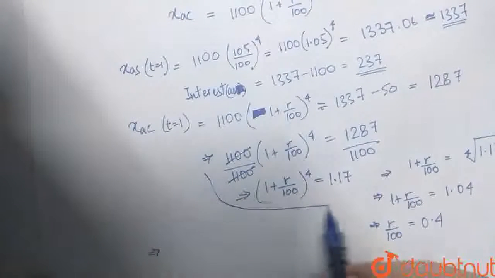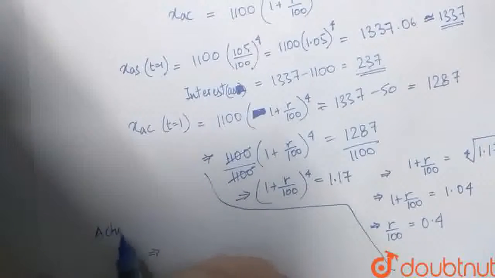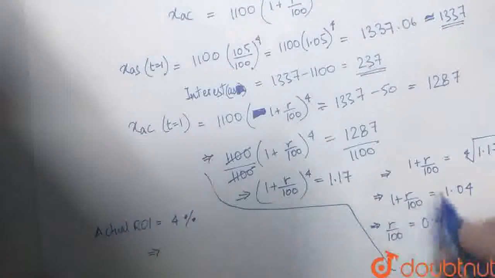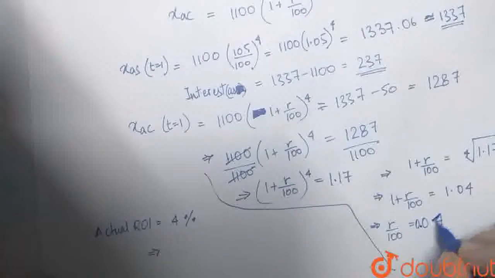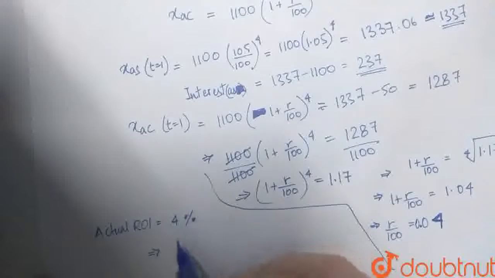What all of this means is the actual rate of interest, actual ROI, is 0.04, right? So the actual rate of interest was 4%.